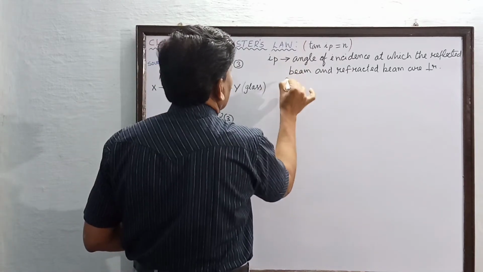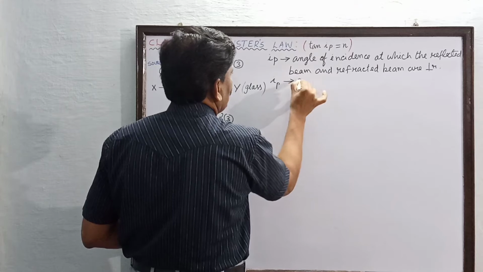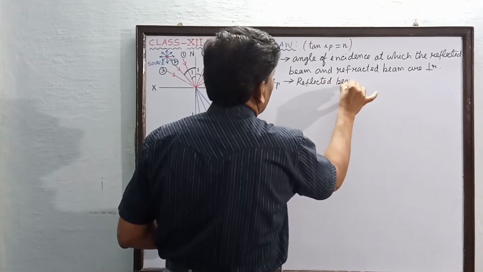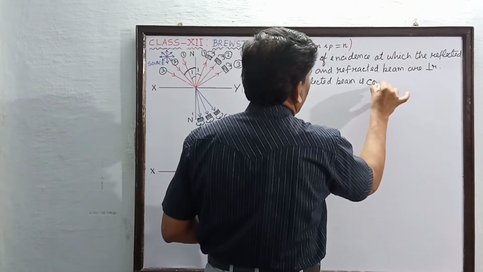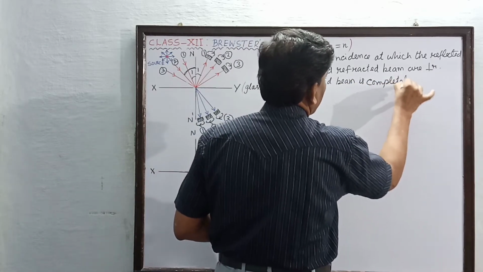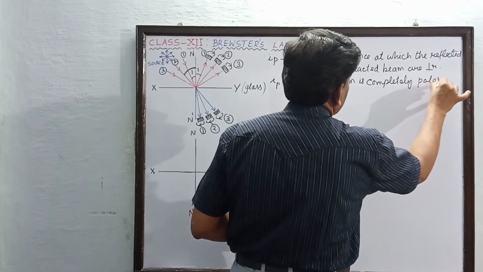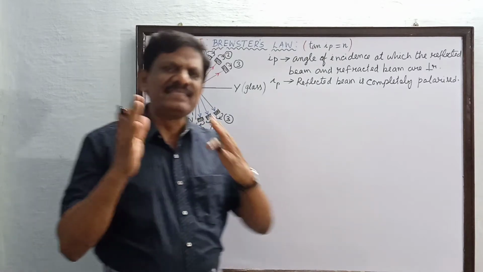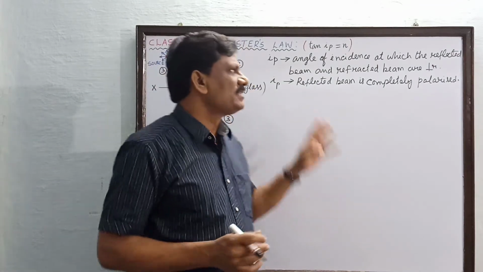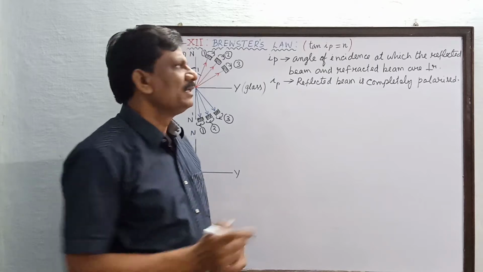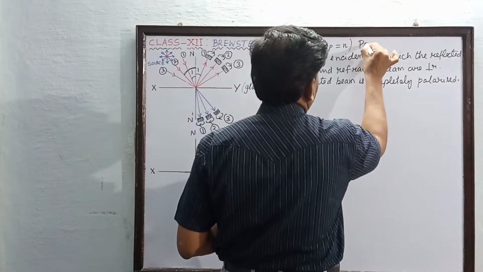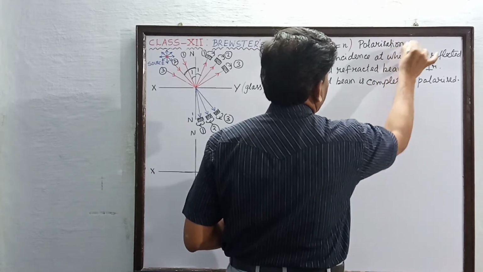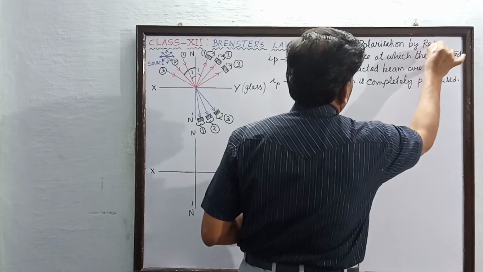Also, at this angle IP, the reflected beam is completely polarized. The principle by which Brewster's law can be proved is polarization by reflection. So I am writing the principle also: it is based on polarization by reflection.